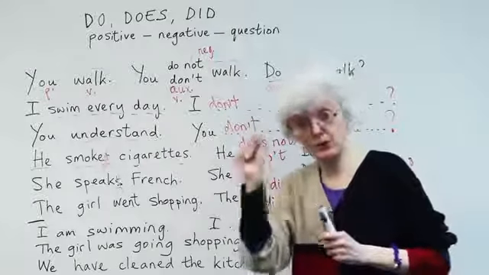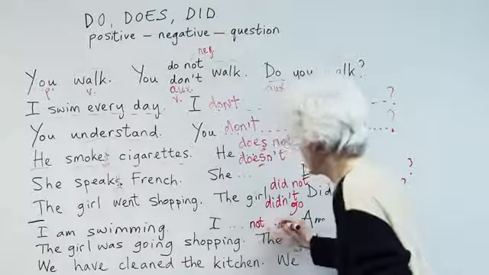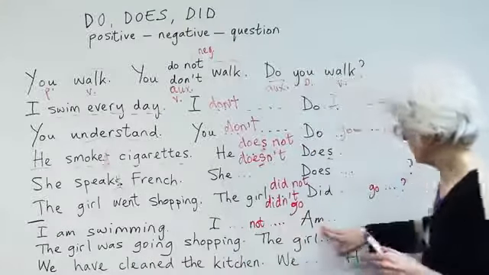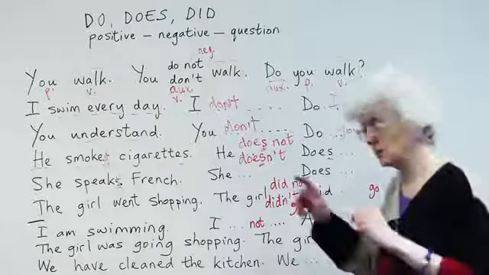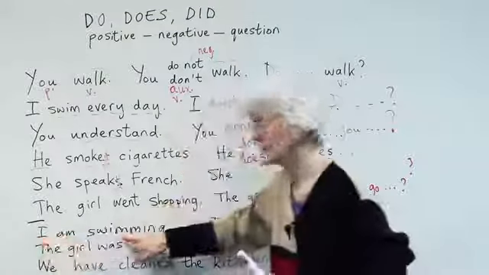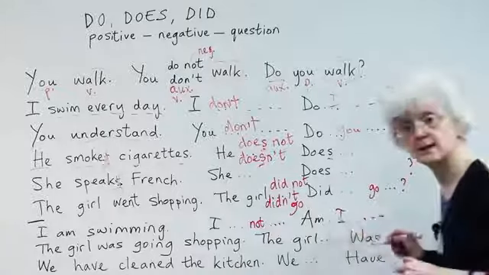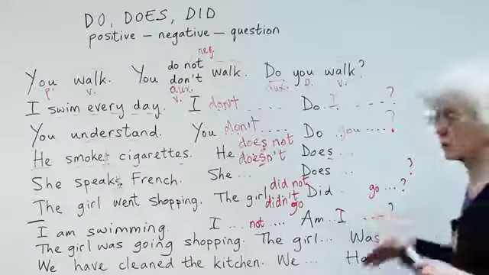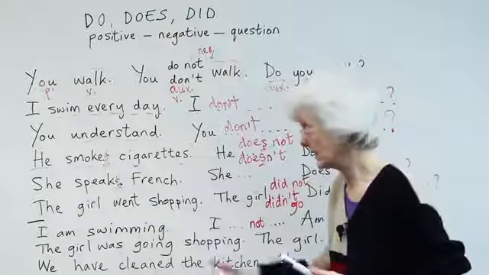Just the negative word not. I am not swimming. Okay? And for the question at the end, you start with am and you just reverse the words. You go, am I swimming? Question mark. Am I swimming? Okay, nice and simple. So we don't need do with the present continuous, right?